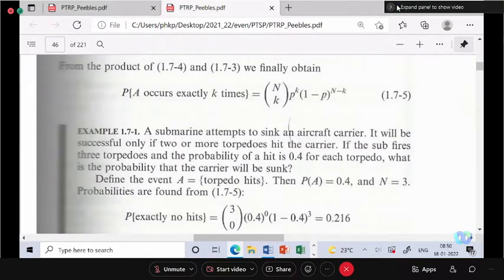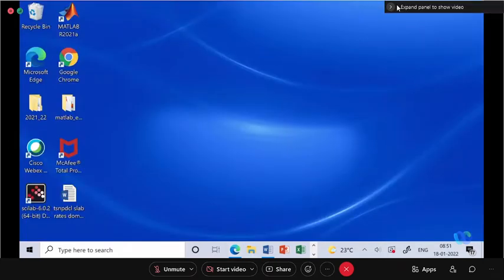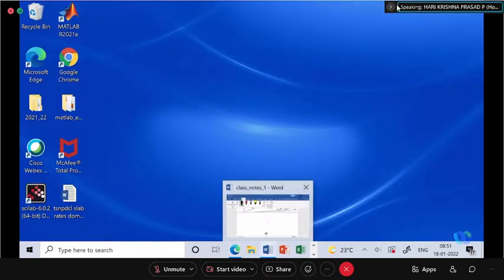There is an example in this textbook. Before discussing this example, I will discuss this with a general concept.